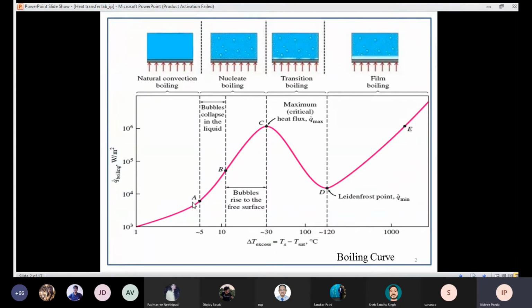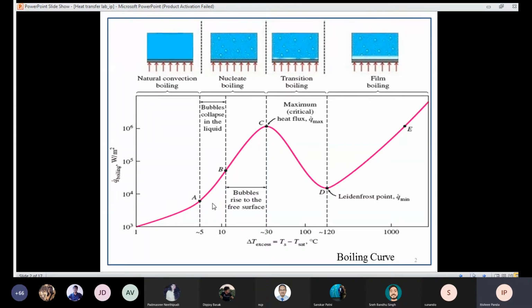Now at this point A, when we keep providing superheat, the first bubble will appear. There would be nucleation of the first bubble. From your basic physics and intuition, you know that bubbles get generated where there is some roughness present, some crevices, because nothing is perfectly smooth. The wire is not smooth as well, so the roughness will dictate where the bubbles will form.